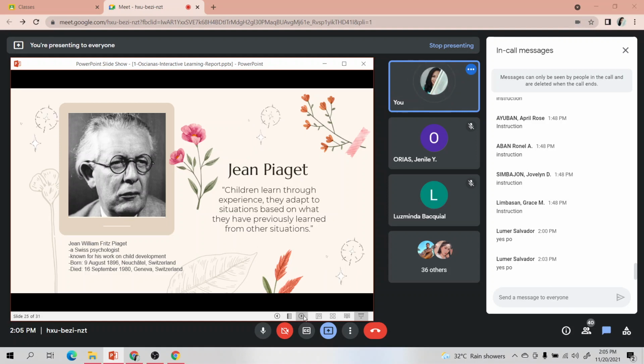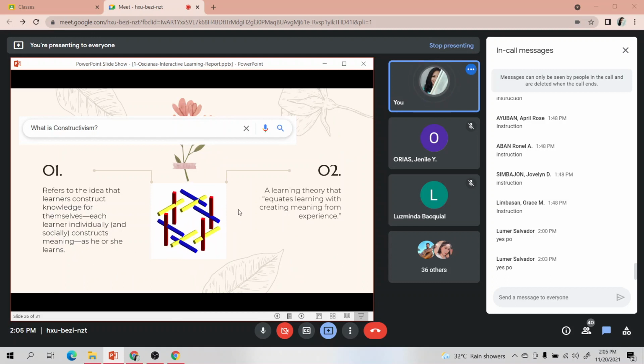Okay, so Jean Piaget is the proponent of constructivism. So what is constructivism? It refers to the idea that learners construct knowledge for themselves. Each learner individually and socially constructs meaning as he or she learns. And it is a learning theory that equates learning with creating meaning from experience.